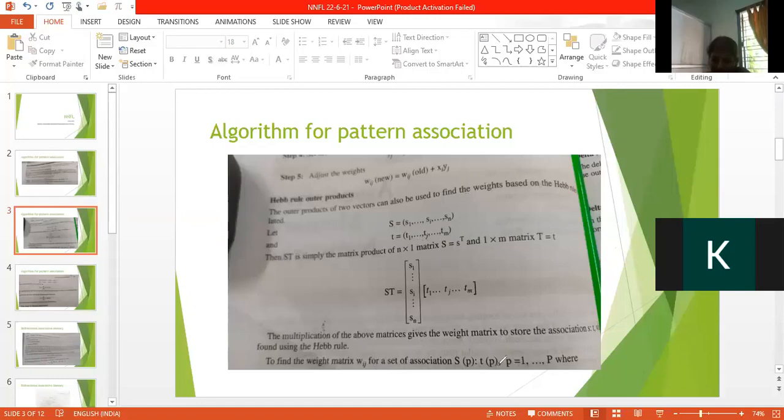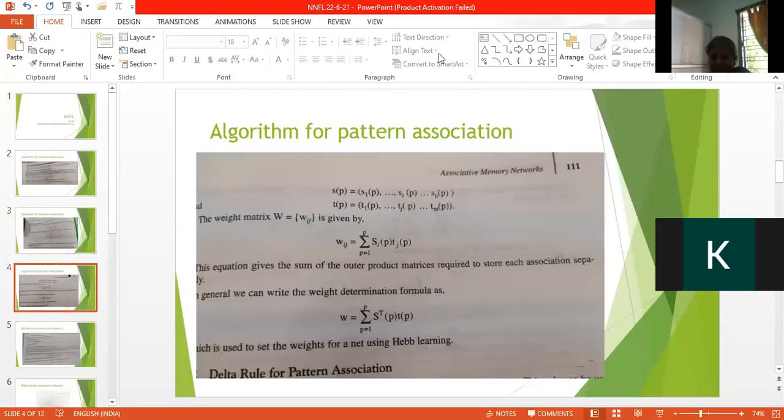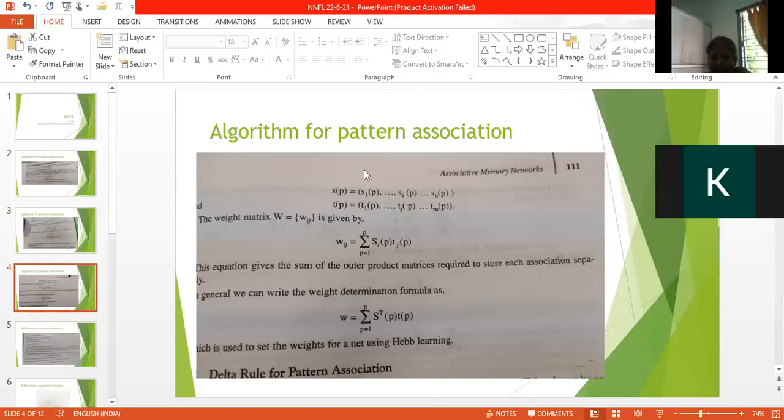So suppose P is equal to 1, S1, T1, where for all the other values we are going to consider similarly for all other values of P, P2, P3, S2, T2, S3, T3, like that.